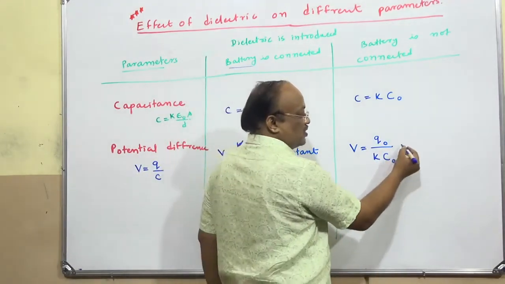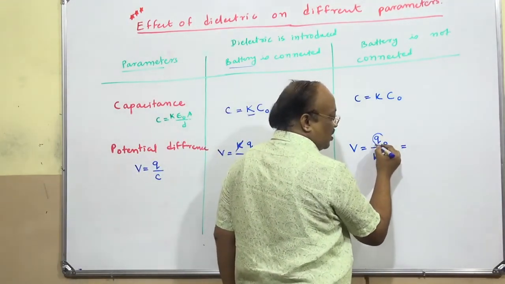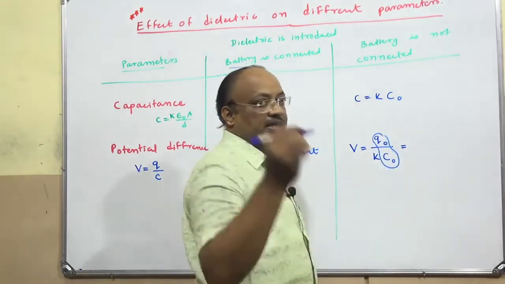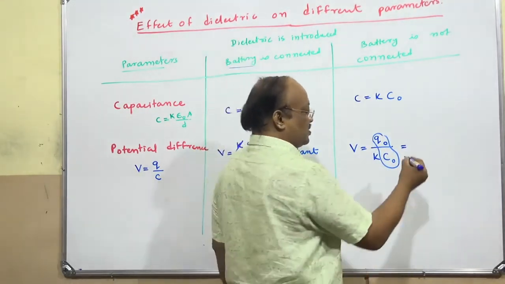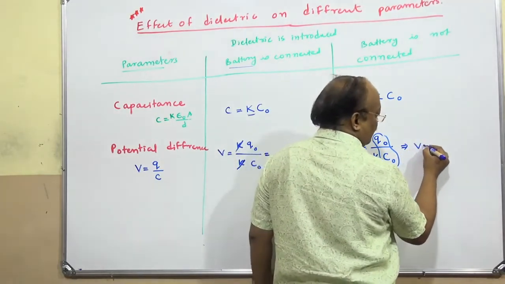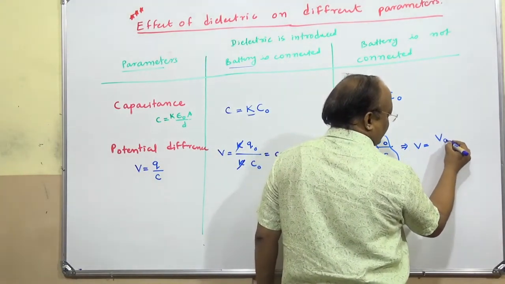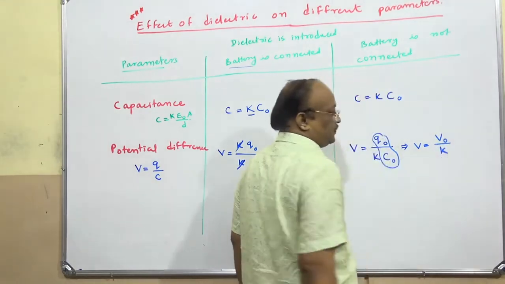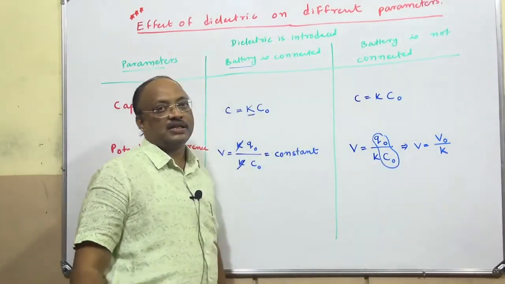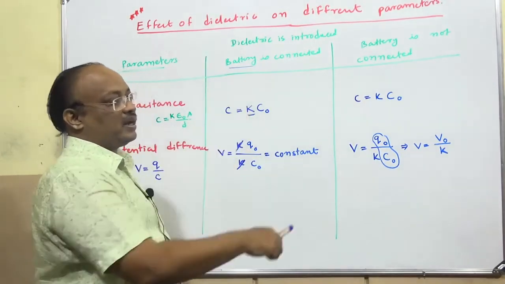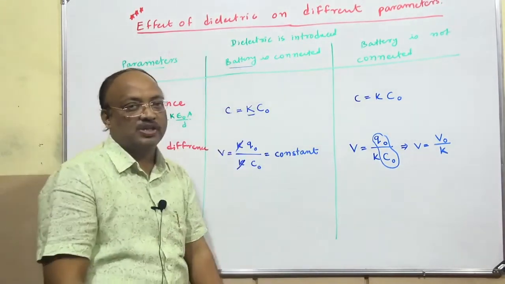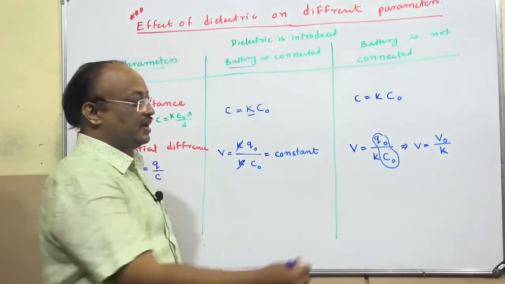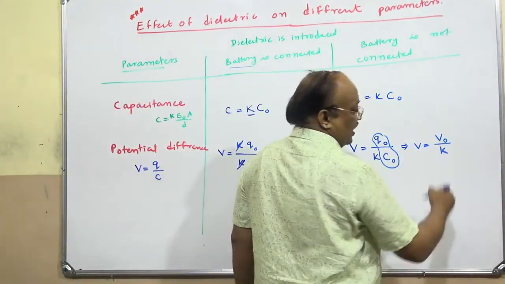This is our initial potential difference divided by K, so V is equal to V naught by K. In a sense, the potential difference across the capacitor decreases by K times.